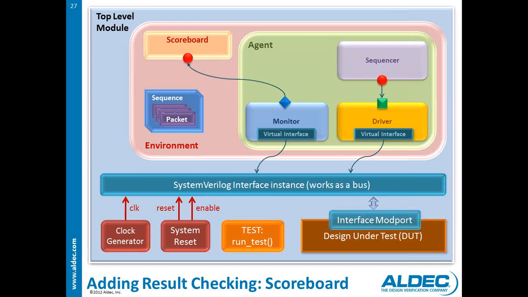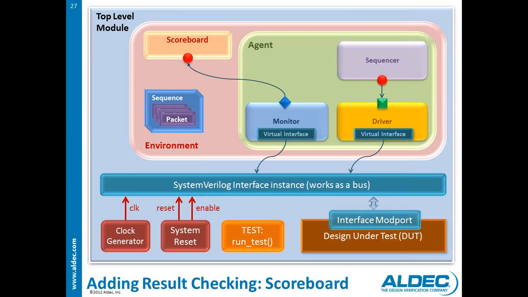Please remember that if you are coming from the hardware design world, probably you would expect that the scoreboard will be sitting inside the agent. But please remember, in a class environment, you can connect any component with any other component as long as they have matching ports.